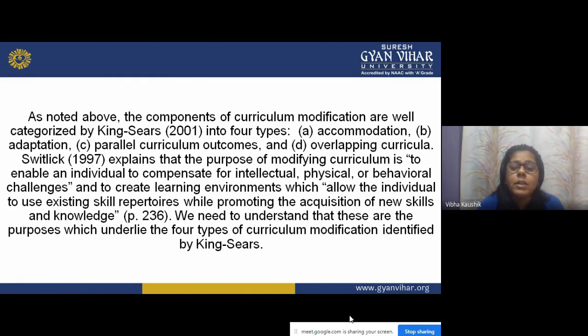We need to understand that these are the purposes which underlie the four types of curriculum modification identified by King Sweeney.